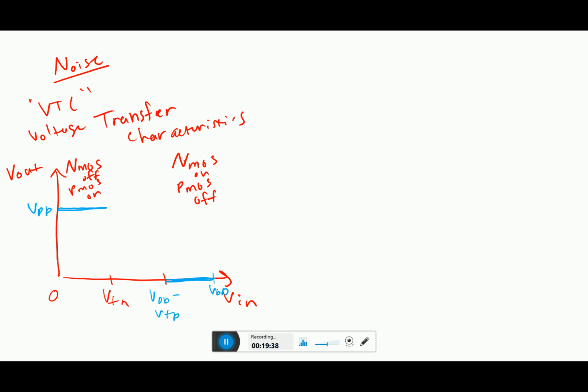Okay, so what happens in this middle region where the NMOS is on and the PMOS is on? Let's analyze this really quick. So with our current model, when Vin is between VTN and VDD minus VTP, that means that the NMOS is on and the PMOS is on.